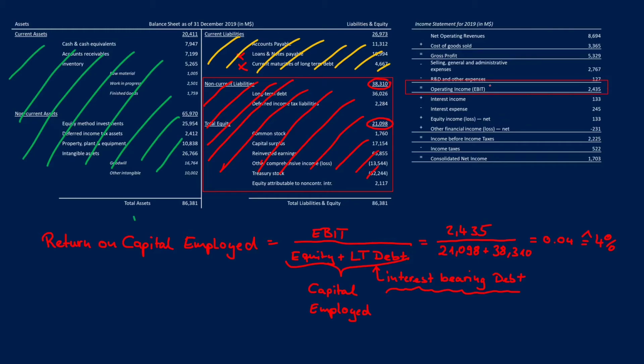It is earnings before interest and taxes. Or in other words, this operating income has to be split into interest expenses and net income.